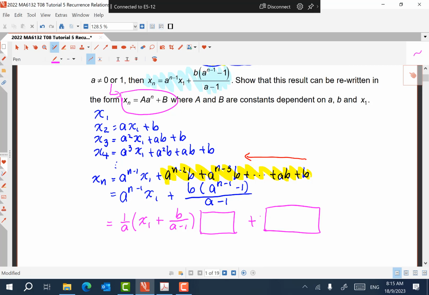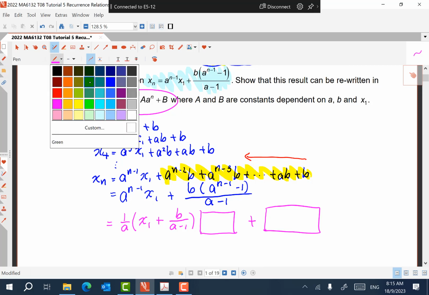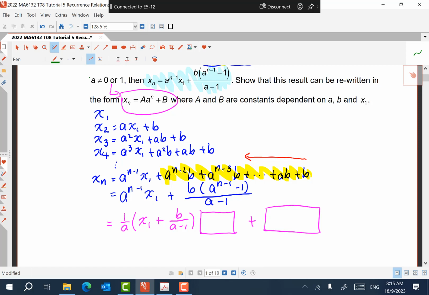Sean, what is supposed to be in the first box? If you can read my mind, what do you think is to be in the first box?